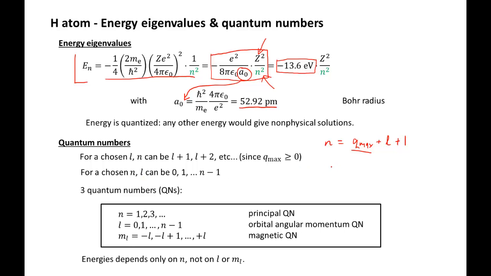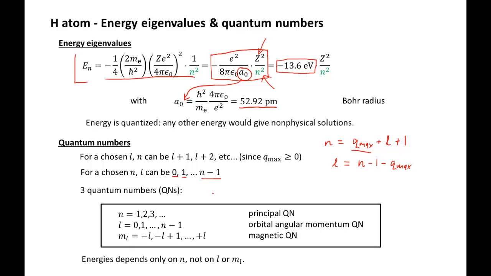We can rearrange this and say L equals n minus 1 minus Qmax. Now Qmax is minimally 0, so in the best case we get L equals n minus 1. If Qmax is larger than 0, then L is smaller. In the end, we'll end up with L that can assume values between 0 and n minus 1.